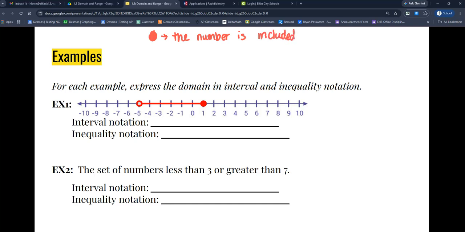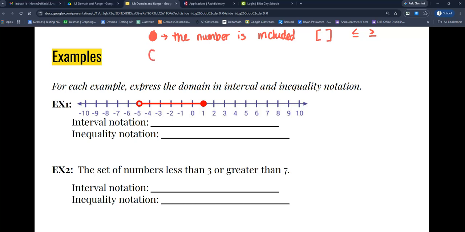And like we wrote down a few slides ago, that means you're going to use brackets, or when we do inequality notation, it means you're going to use either a less than or equal to sign or a greater than or equal to sign.